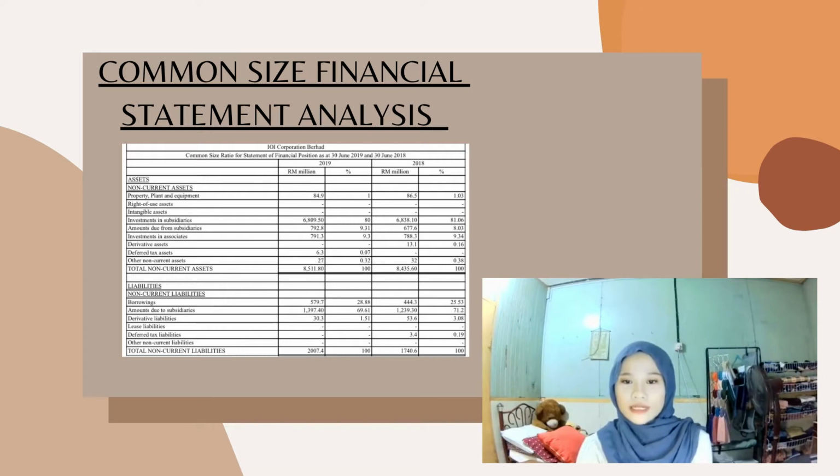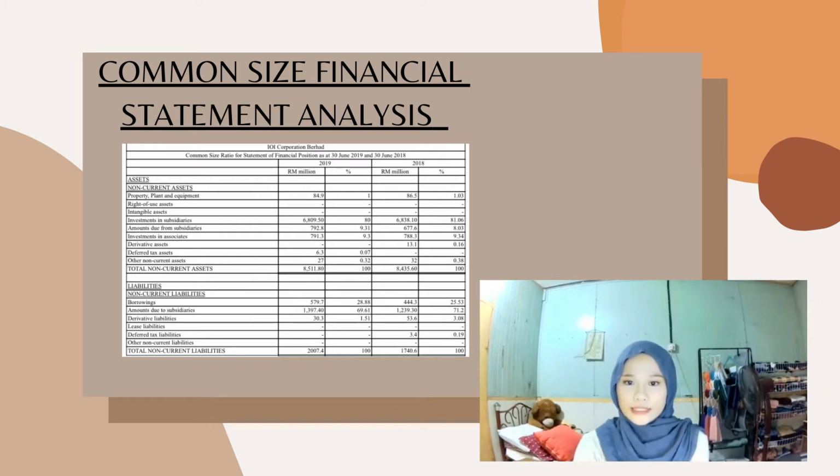Moreover, the increasing amount of deferred tax assets by 0.07% indicates that the business had overpaid its taxes. Lastly, other non-current assets have slightly decreased due to decreasing interest in a joint venture, as it constitutes 0.38% of total non-current assets in 2018 and 0.32% in 2019.